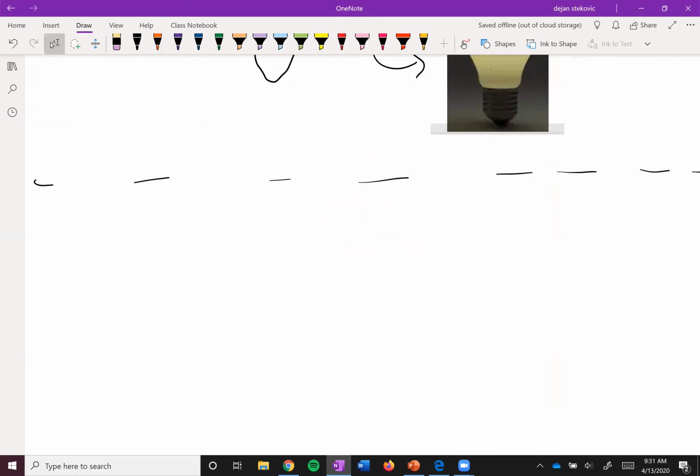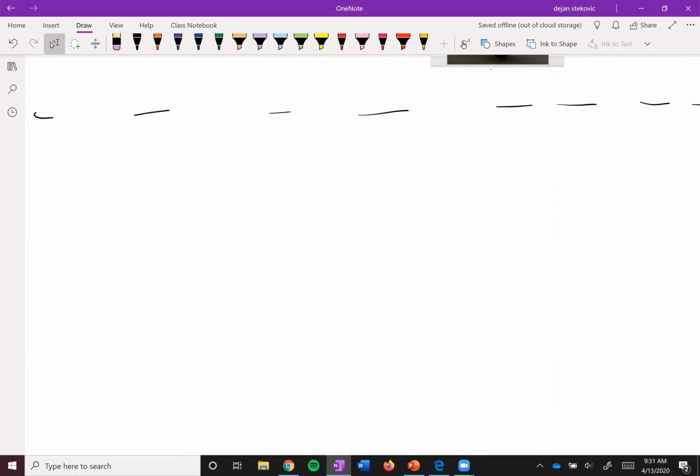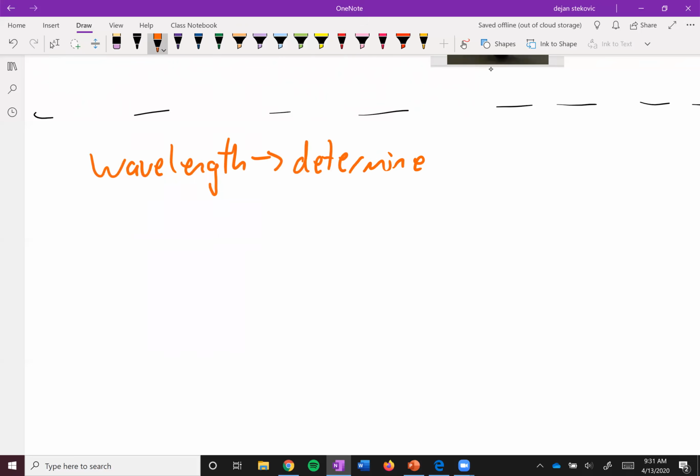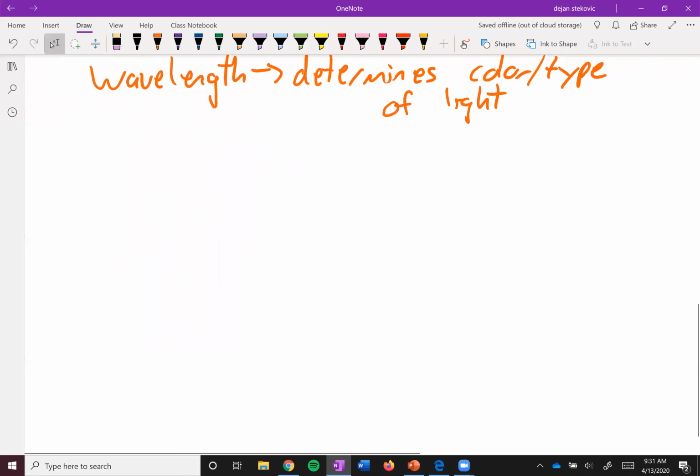Let's take a look at wavelength. So wavelength determines the color or the type of light. So let's take a look at two examples, and we'll have the amplitude be about the same, but the wavelength different, right?